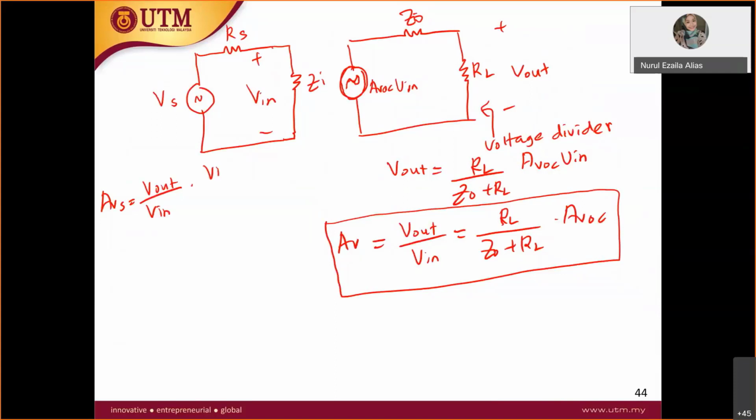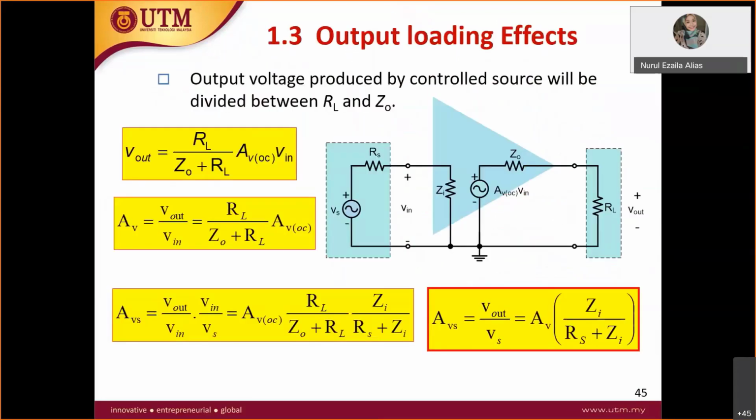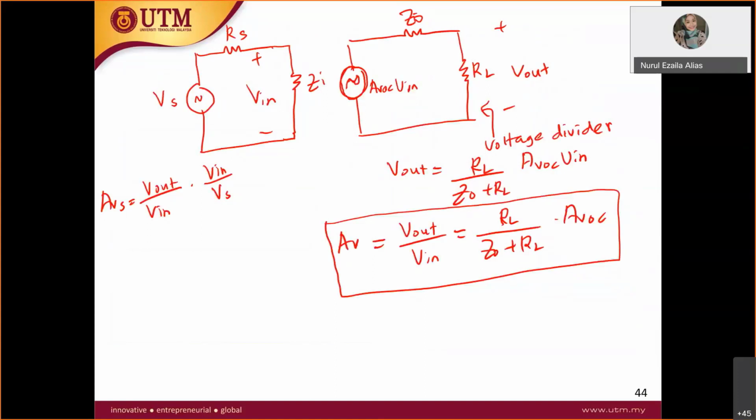So if you put this V in over VS, you will get something like this. It is actually equal to V out over VS, because you are cancelling out this V in.